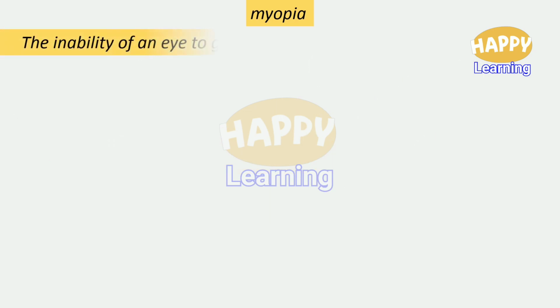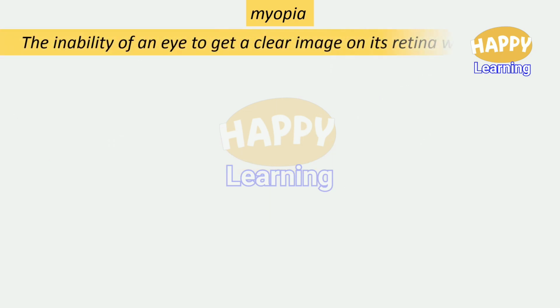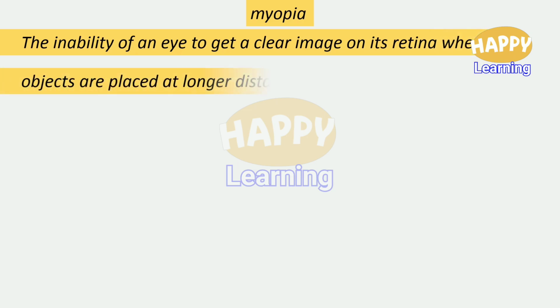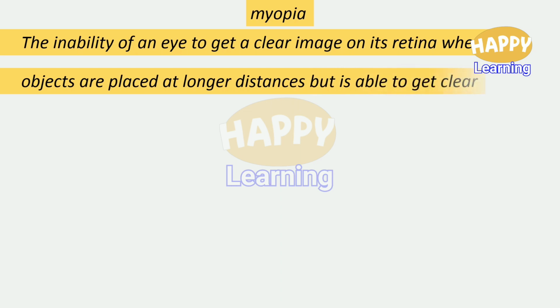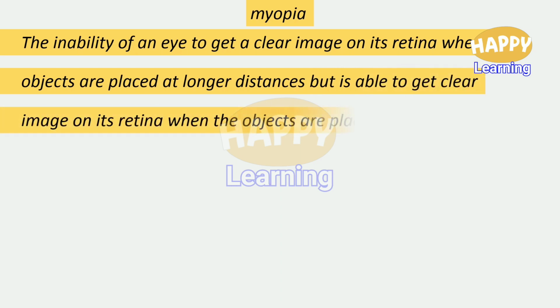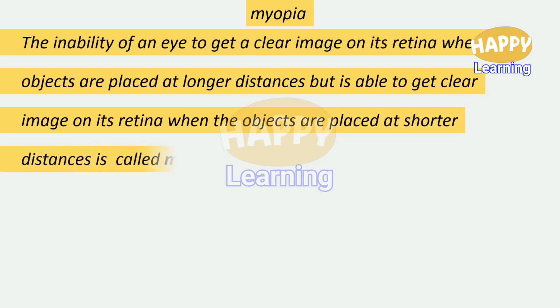The inability of an eye to get a clear image on its retina when the objects are placed at longer distances, but is able to get a clear image on its retina when the objects are placed at shorter distances, is called myopia.